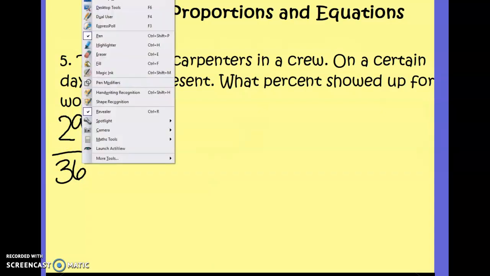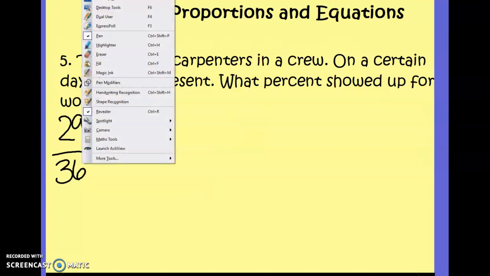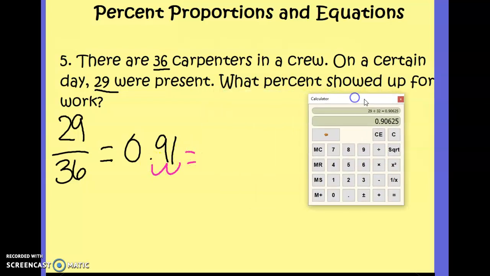Let me pull it back up. 29 divided by 36 gives me 0.81, and I'm rounding again. Remember we move our decimal 2 places, so that's going to give us 81%.